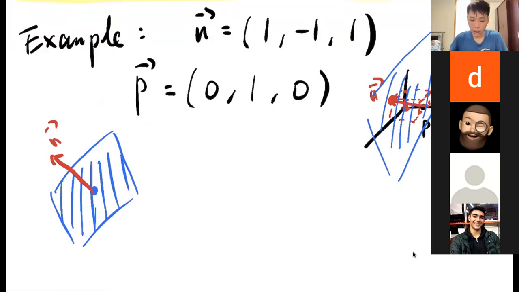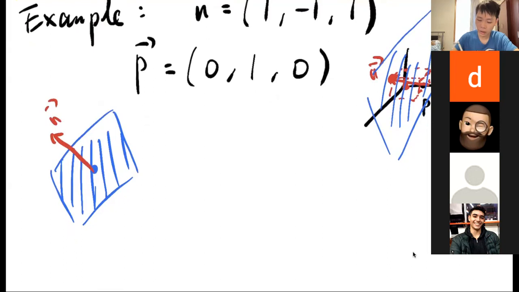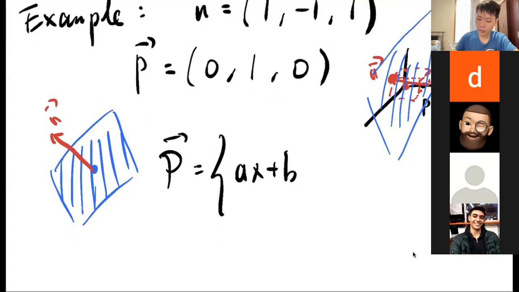Sort of hard to see. By this formula, we just formulated that the plane is governed by the equation ax plus by plus cz plus d equals 0.